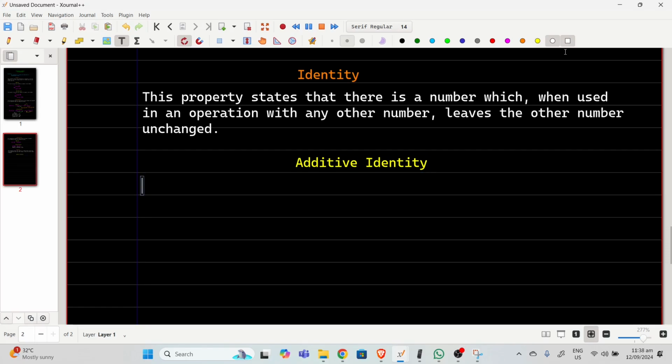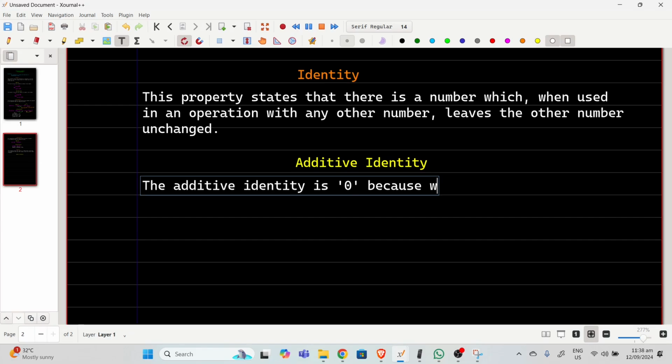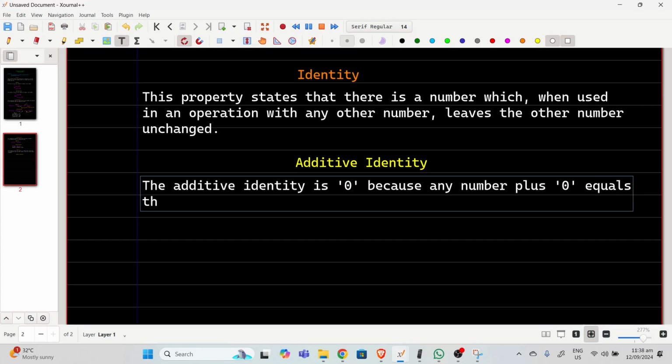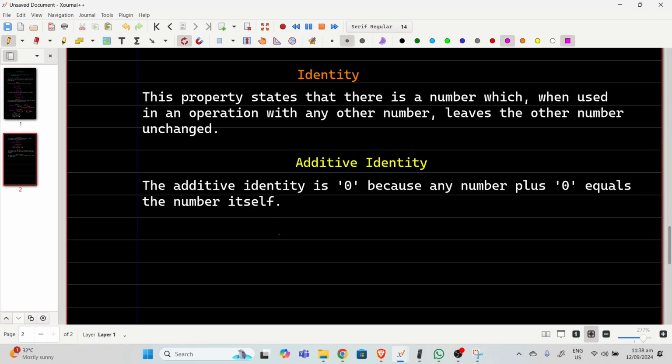Let's put a little definition here. The additive identity is 0, because any number plus 0 equals the number itself. In other words, if A is any number that belongs to the set of real numbers, and we add it to 0, we'll always get back A.